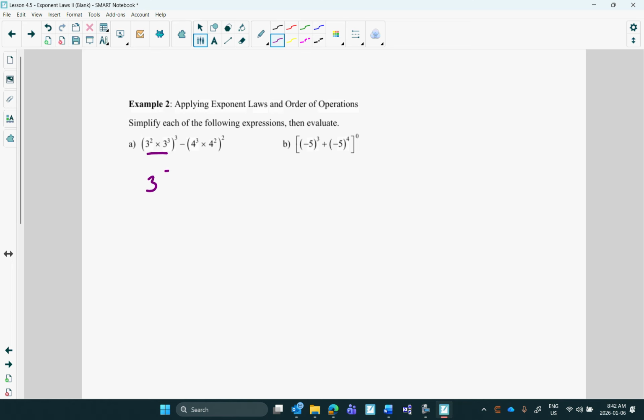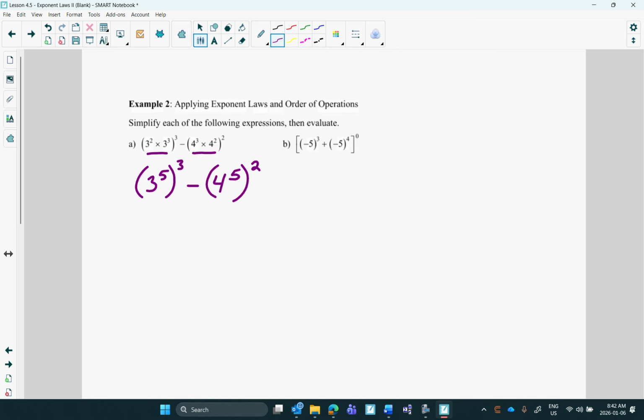And I still have parentheses and I'm raising it to the third. Minus, well, I can combine those into a single power. What's that? 4 to the 5th. And I'm still raising that to the second.